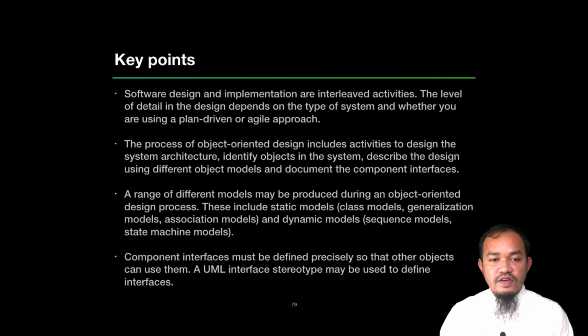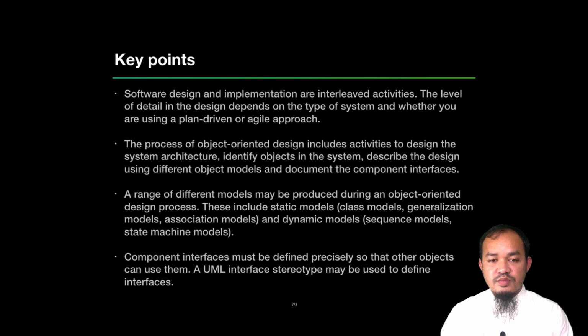A range of different models may be produced during an object-oriented design process. This includes static models and also dynamic models. The static models can be class model, generalization model, association model. The dynamic ones can be sequence, state machine, and so on.